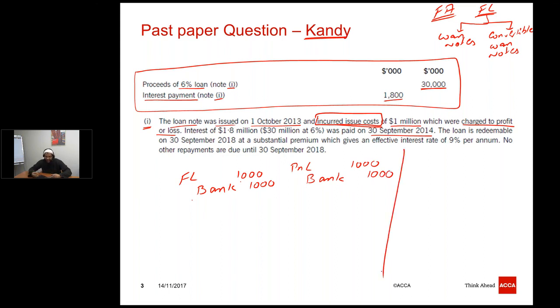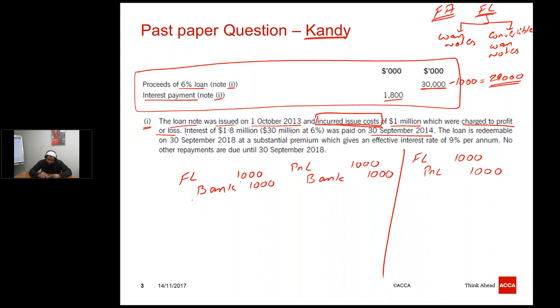So the correcting entry would be financial liability debit by 1,000 and P&L credit by 1,000. This is the correcting entry that should be recorded. So the loan notes will become 30,000 minus 1,000, which is $29,000. This is the amount of the loan notes.